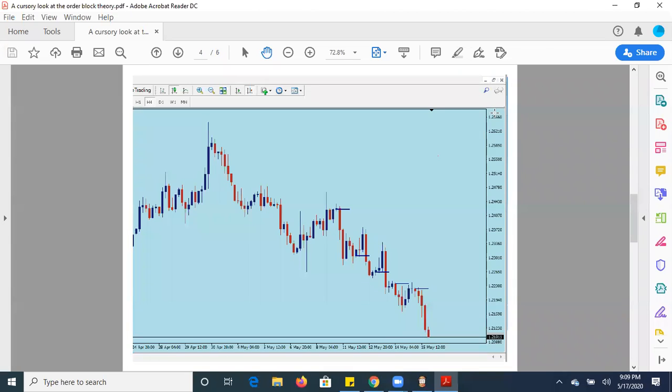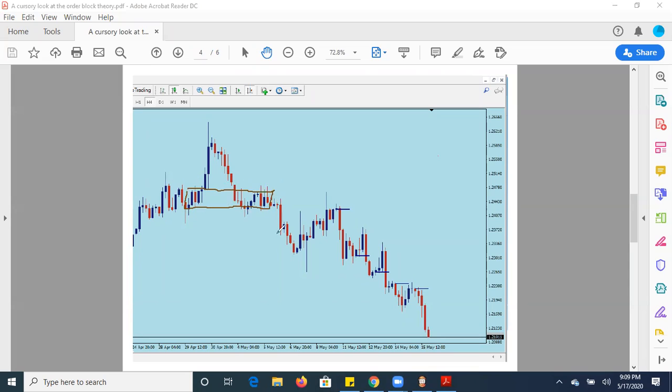So here is, I think, GU. This was GU, and we had this discussion 2 weeks ago or thereabout in the Telegram group. And you would notice clearly here that this was a bearish order flow. First, we had this taken out as our breaker, right?